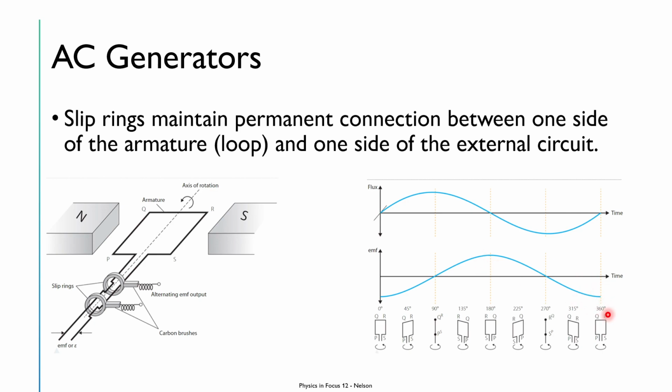And when you get back to that full 360 degree turn, you will then have maximum EMF back in the original position. And this is simply because you're going through that cycle again where you will have maximum EMF every half turn, but each half turn results in induced current in opposing directions. This here would then lead to AC, alternating current, which is going in both directions.